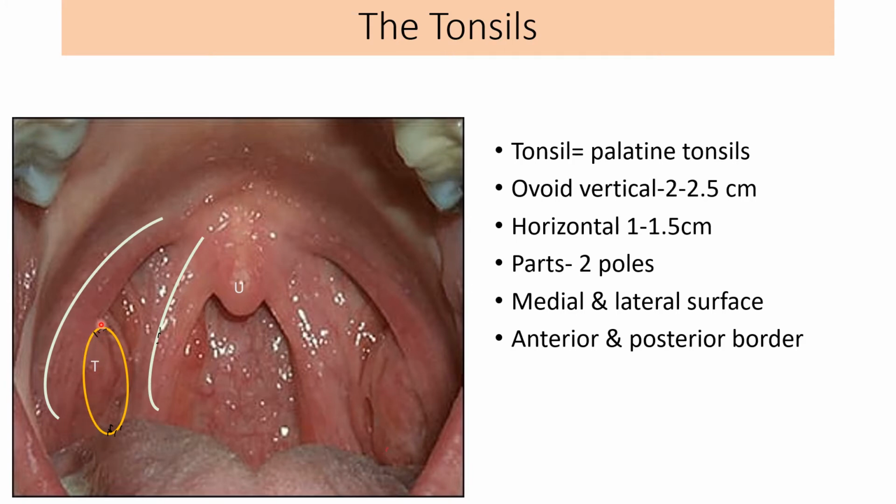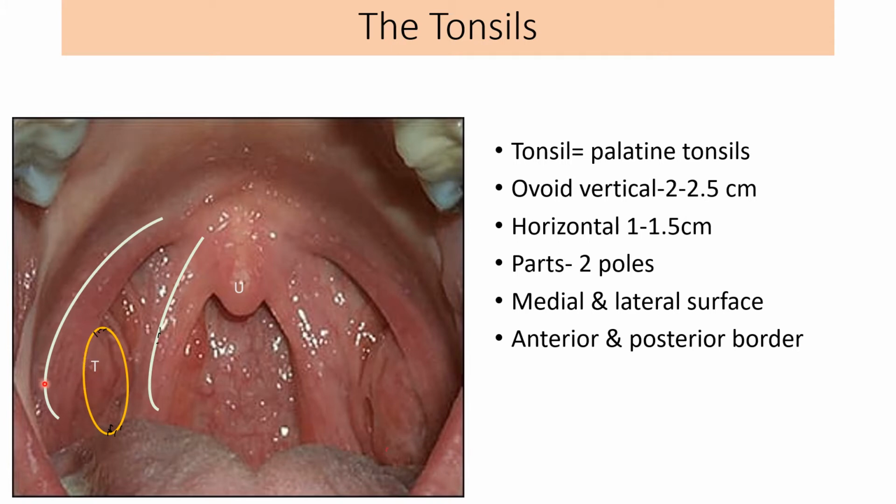Vertical dimension is approximately 2 to 2.5 centimeters, whereas horizontally it is 1 to 1.5 centimeters. It has two poles, the upper pole and lower pole. The surface facing the oral cavity is the medial surface, and the deeper surface, which is actually facing the superior constrictor muscle, is called the lateral surface. It has two borders.